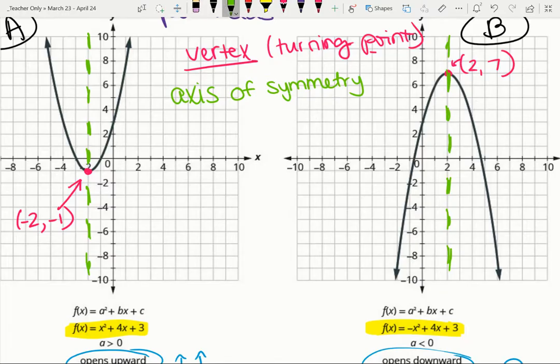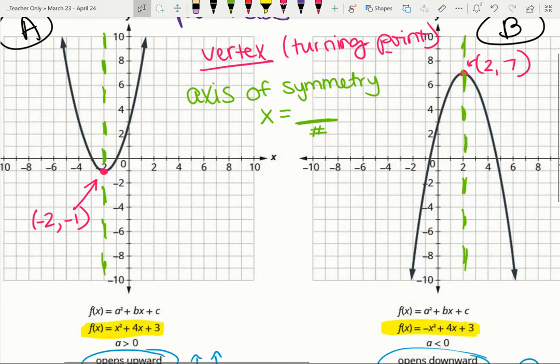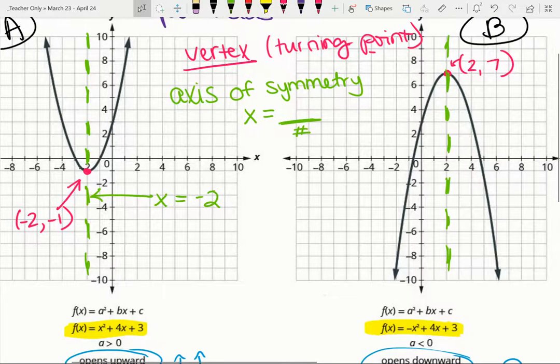Since this is a vertical line, we're always going to write it in the form x equals something. And remember, that's going to be some sort of number there. So for graph A, our axis of symmetry is x equals -2 because every point on that line has an x value of -2.